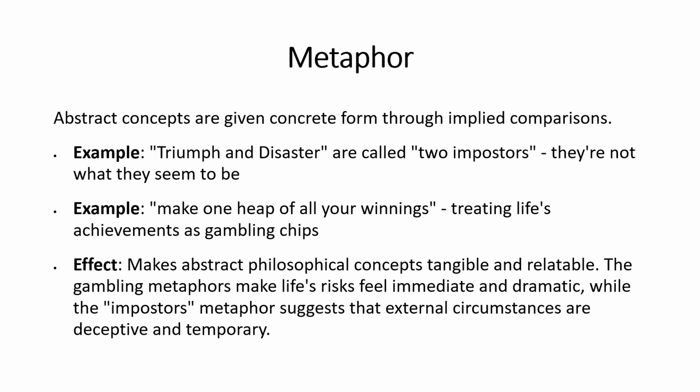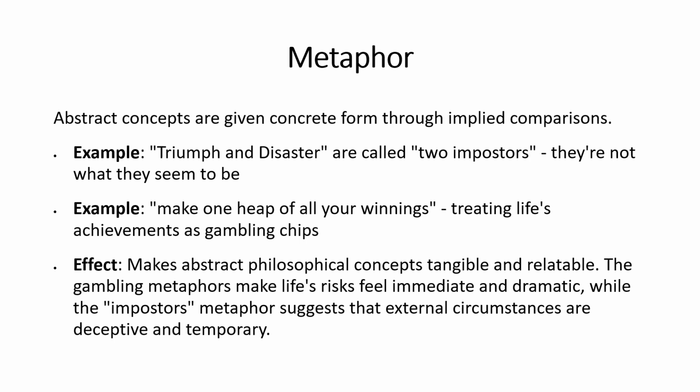The second technique or device that we are paying attention to is metaphor. Kipling uses a very powerful metaphor in this poem: triumph and disaster are compared to two imposters. First, let's try to understand what a metaphor is.